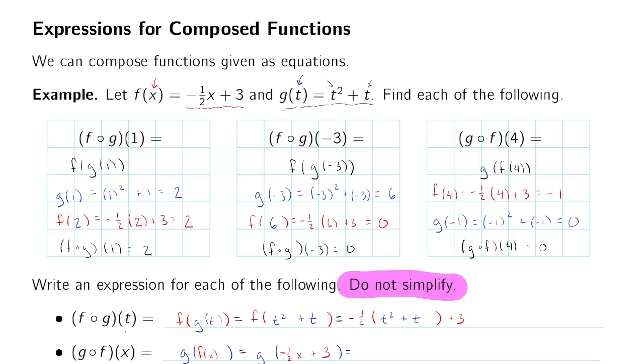Now what does g do? Well, g takes its input and squares it, and then adds on another copy of its input. And in this case, its input is negative a half x plus 3. Negative a half x plus 3. And again, we're not prepared to simplify that at this moment, but there's an expression for g composed with f.